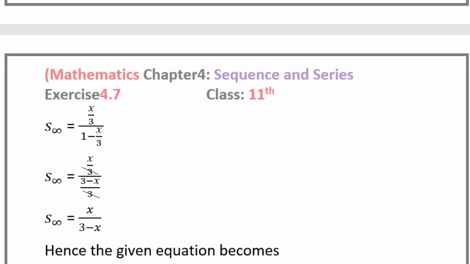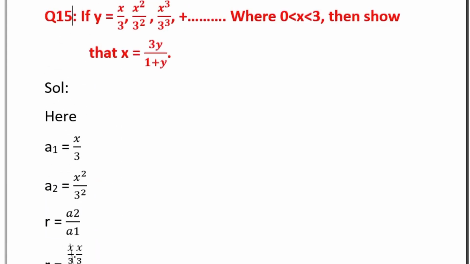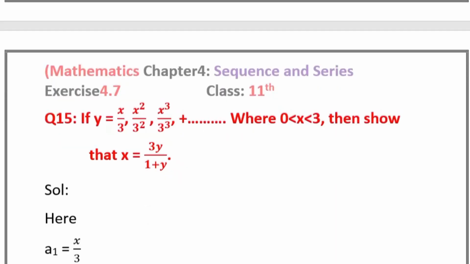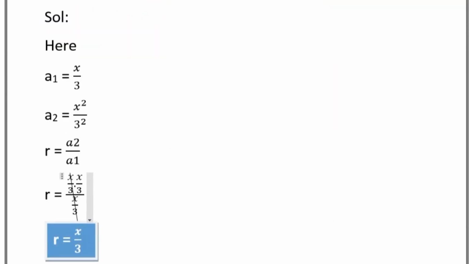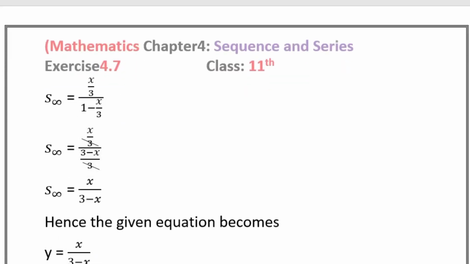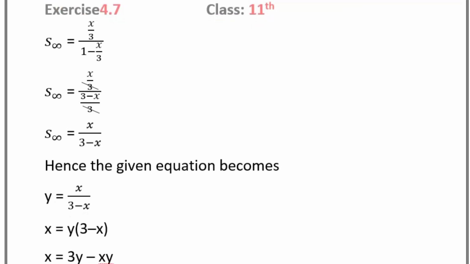Hence the given equation becomes, according to the condition, y is equal to the sum of infinite terms, that is y is equal to x divided by 3 minus x. By cross multiplication, x is equal to y into 3 minus x, so x is equal to 3y minus xy.